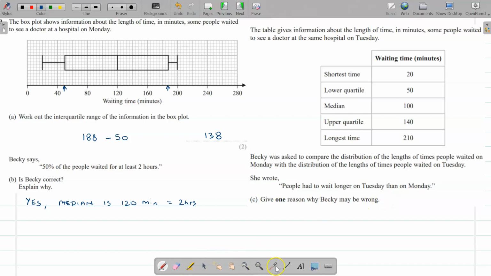We don't actually know if she's right or not from that data, but one obvious reason is that the median on Tuesday is equal to 100, and that is less than the median on Monday, which is equal to 120.